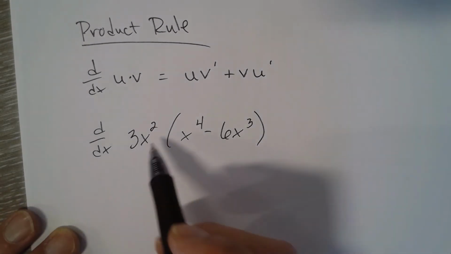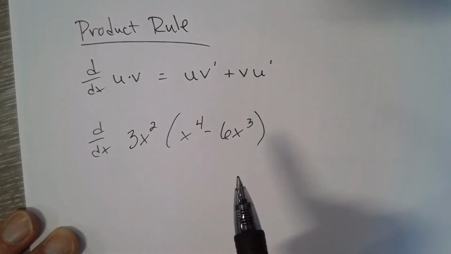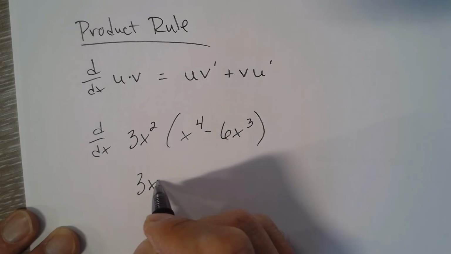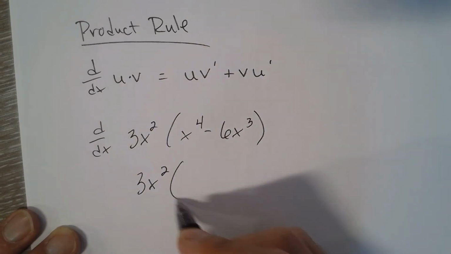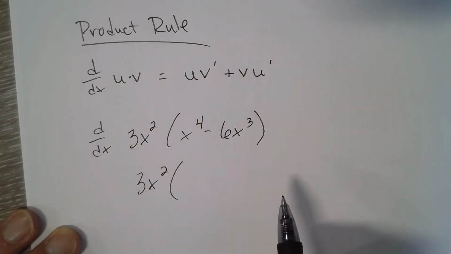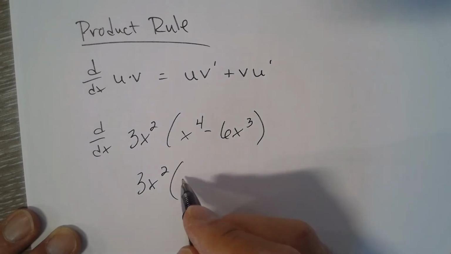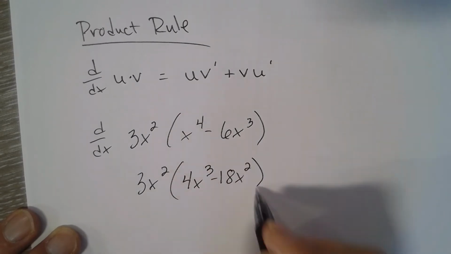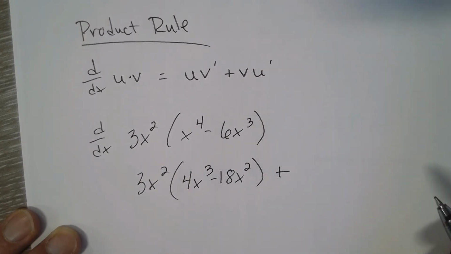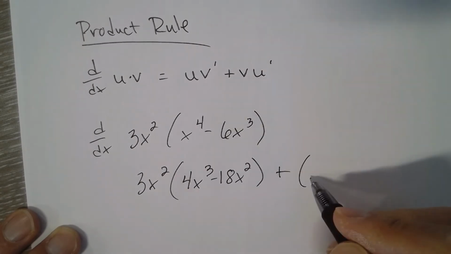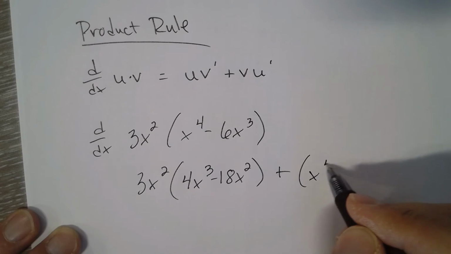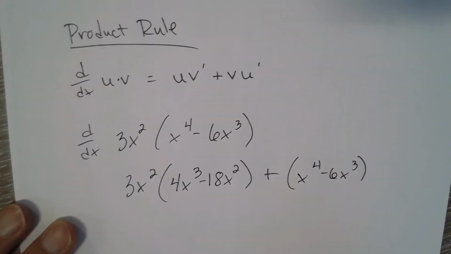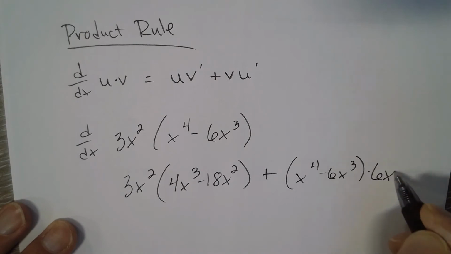But if we wanted to use the product rule here, it would be u times the derivative of v, which is 4x cubed minus 18x squared, plus v, which is x to the 4th minus 6x cubed, times the derivative of u, which is 6x.